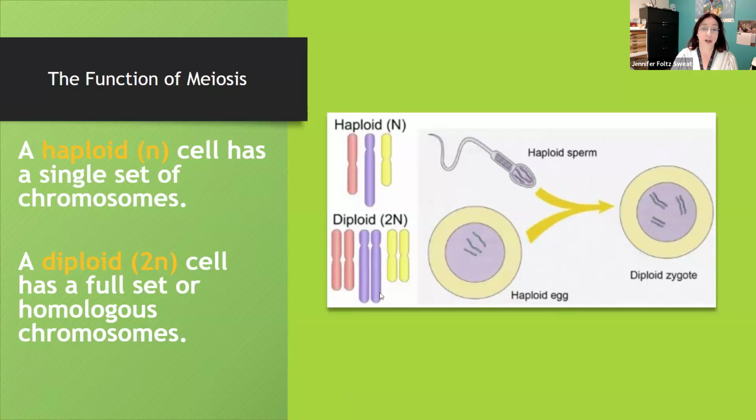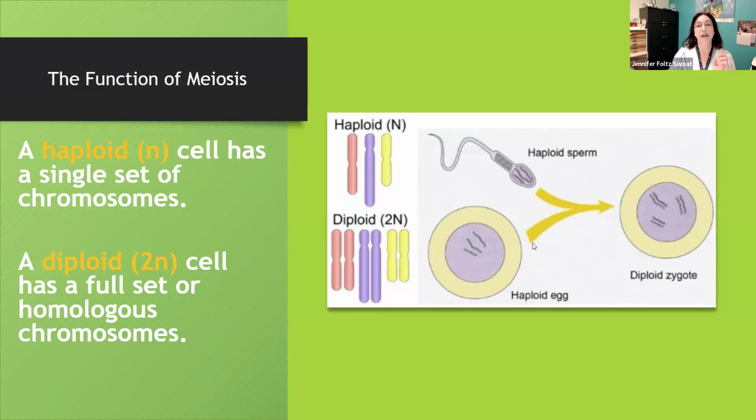If you look down here on the bottom, first of all, we symbolize diploid as 2N. We have two pinks, two purples, two yellows. So if this is your body, you have one pink from mom, one pink from dad, one purple from mom, one purple from dad. Haploid means you have a single chromosome per what will be a pair in diploid, right? I have one pink, one purple, one yellow.